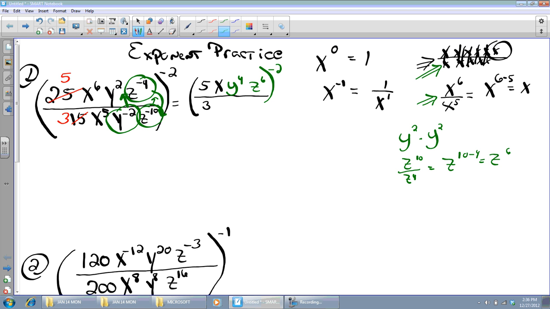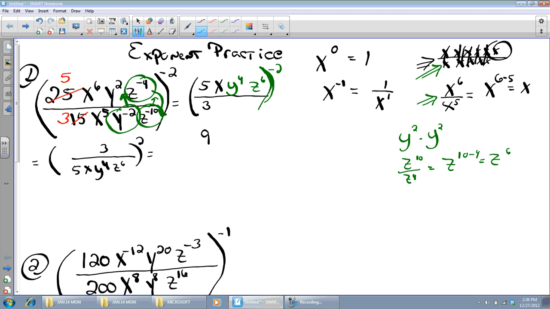Now, I know there's a lot going on there, but it really is not that difficult. Now, I've got to deal with this -2. First of all, I'm going to deal with a negative, and that's going to flip the fraction. My fraction is going to be 3 over 5x y to the 4th, z to the 6th, and that's squared, and now I'm going to square everything.